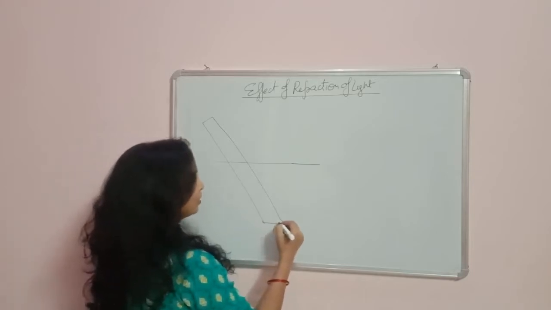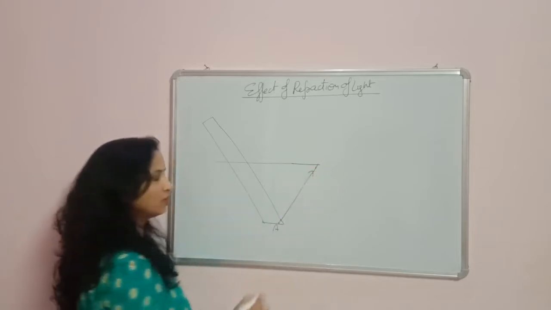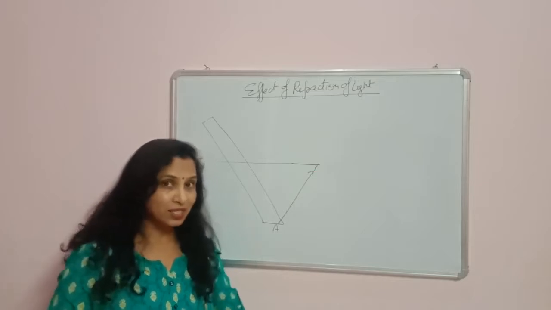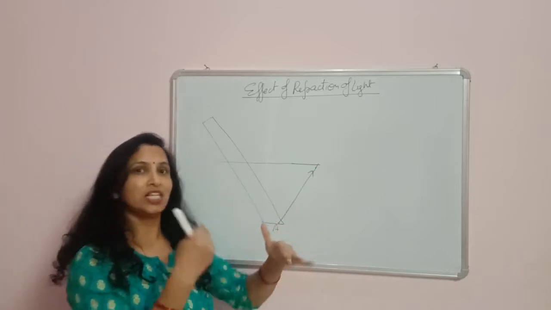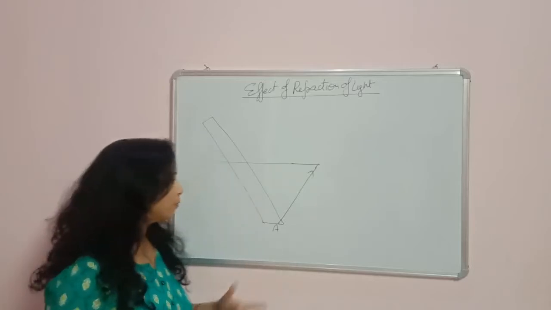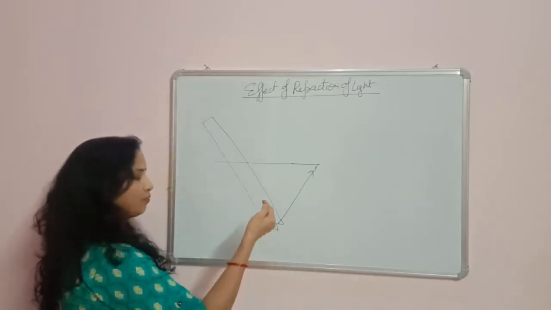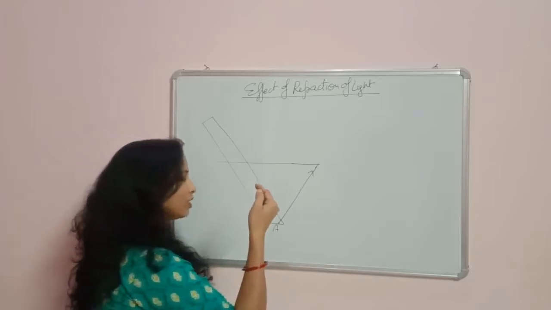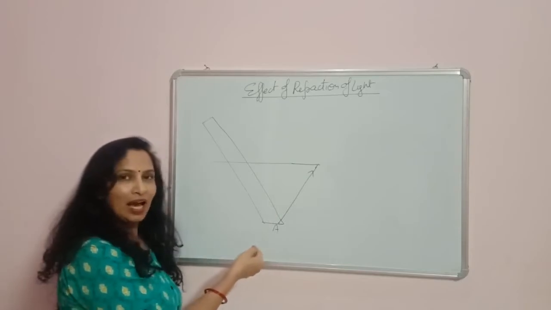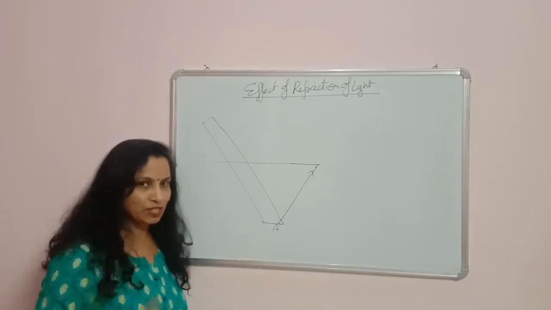How are we able to see different objects? If the light from that object falls on our eye, we can see that object. It means if a ray of light starts from the tip of the stick and reaches our eyes, we are able to see the tip of the stick.